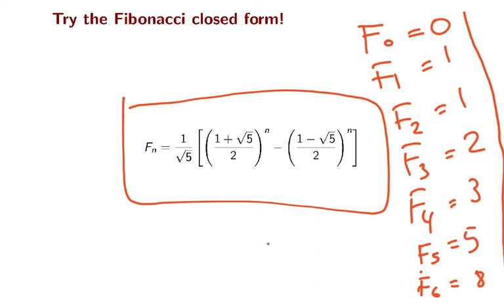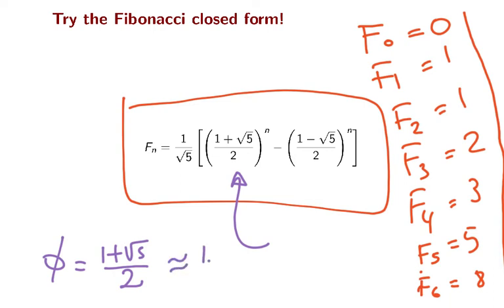Moreover, this formula involves a very famous number in mathematics, what is called the golden ratio, which is approximately 1.6, and it was known already to the Greeks, who named it the golden ratio, since they believed that the rectangles that have this ratio between the sides are the most pleasant to look at.